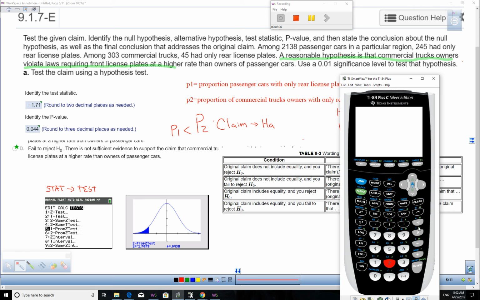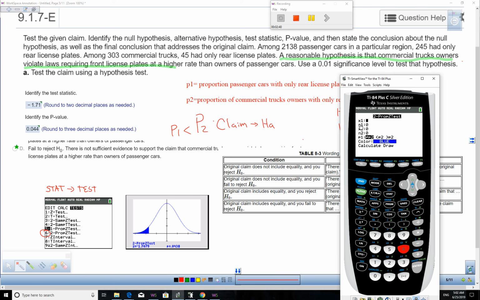Okay, and let's go step by step. We go to stat, we go to test, we select number 6. In this case, it will be number 6, the one that says 2-PropZTest.